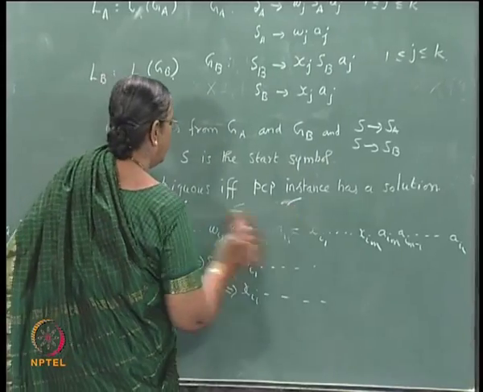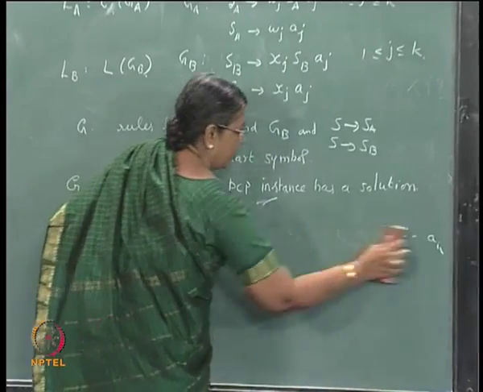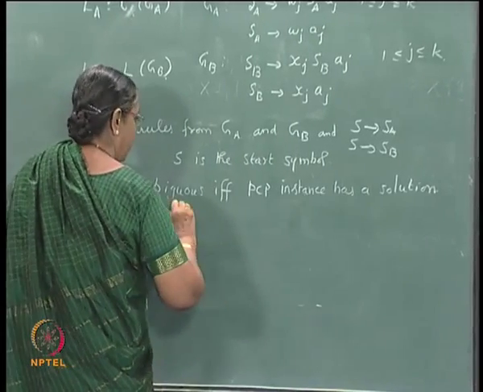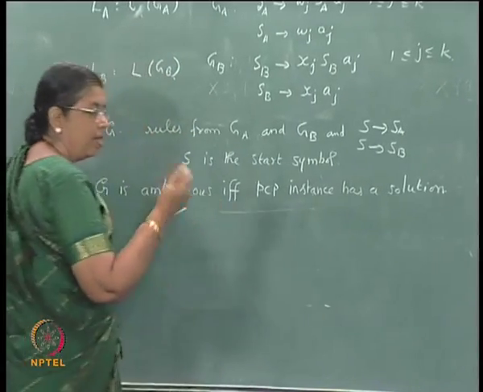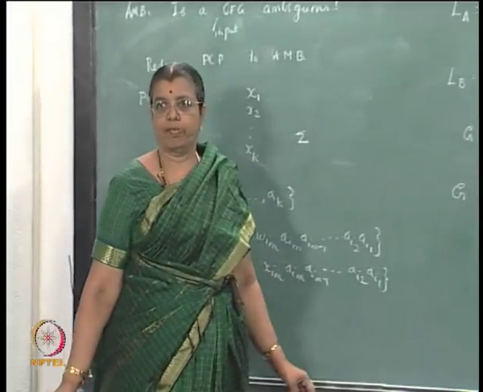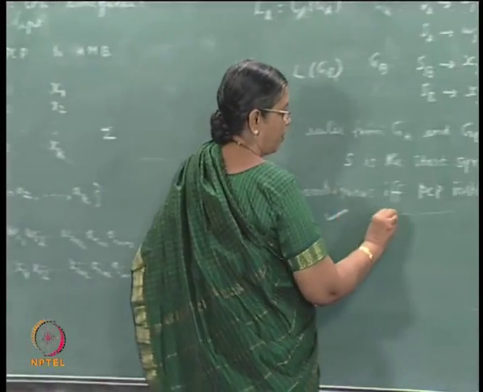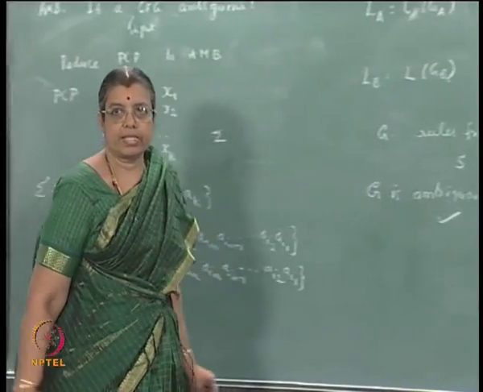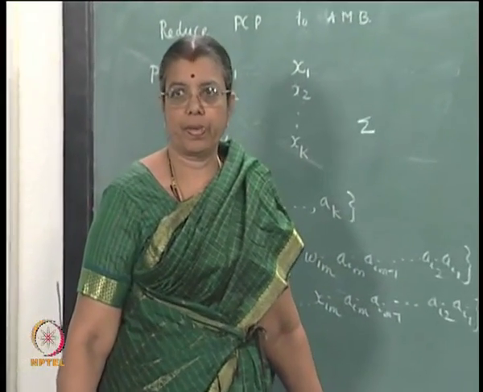The other way around, if G is ambiguous, the PCP has a solution. This is what we have to prove. If G is ambiguous, then you have to show that this instance of PCP has a solution.